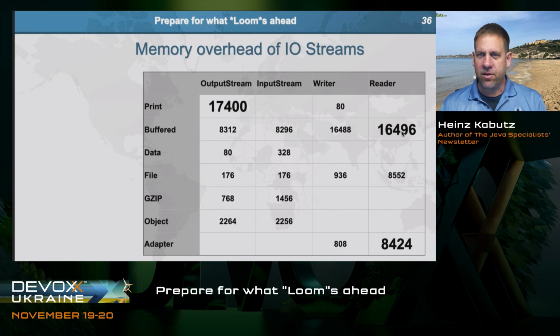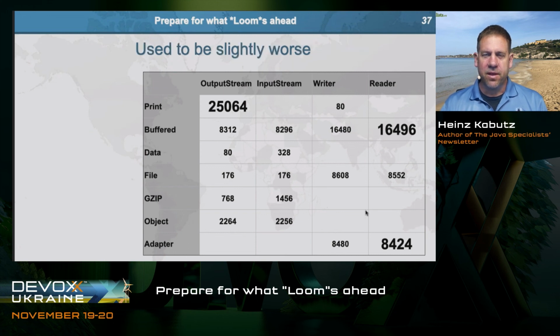The BufferedReader uses 16,000 bytes, and the InputStreamReader uses 8,400 bytes. So it adds up really quickly, and this is all empty space. It's all buffering space. So be very careful of that. And it used to be slightly worse, 25,000 for the PrintStream, and they decreased it after one of the newsletters I wrote. So they realized it was too many.